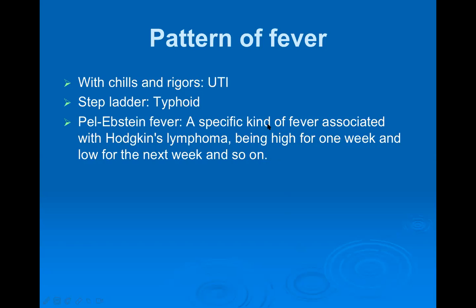There are so many diseases or causes of fever where chills and rigor are quite common. Let me write some more causes here. Apart from UTI, the type of UTI which leads to fever with chills and rigor is called pyelonephritis.